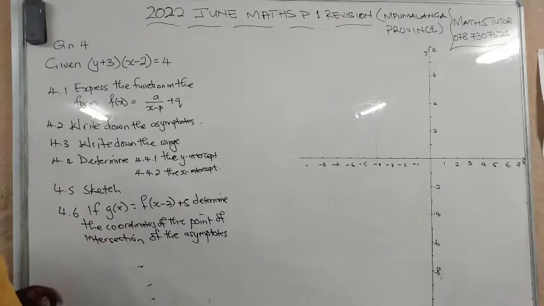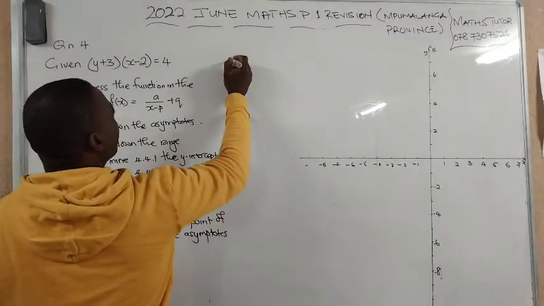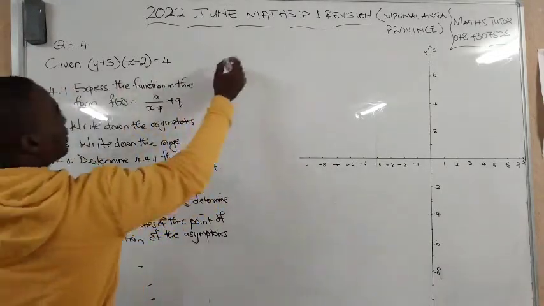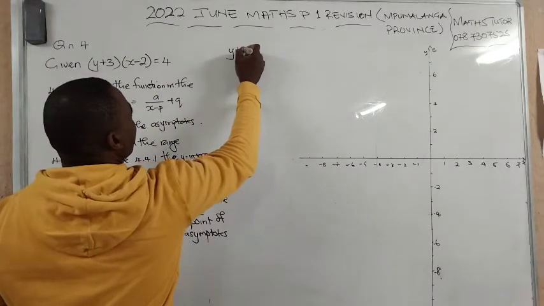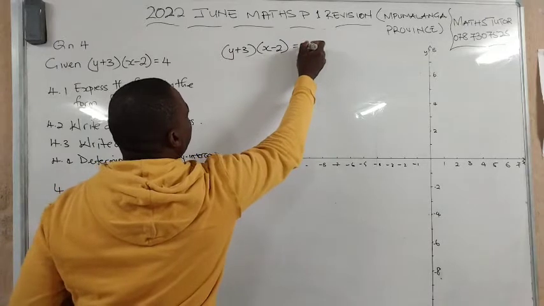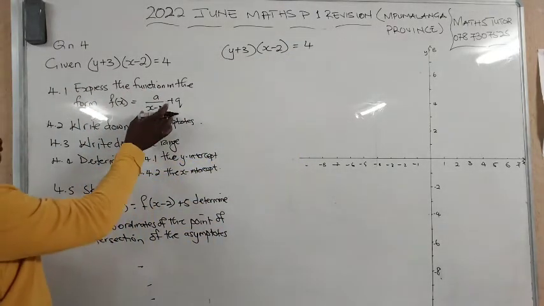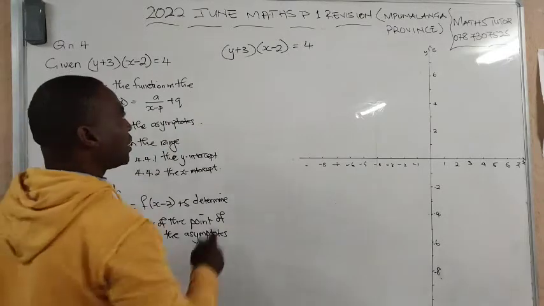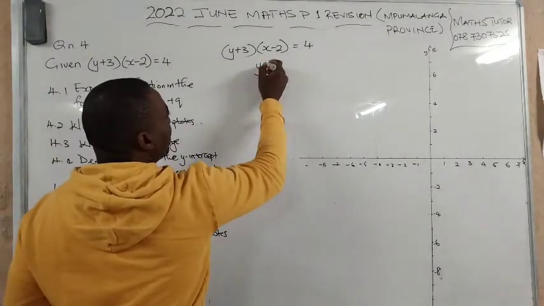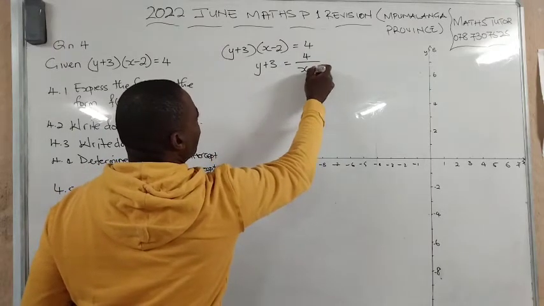So to write it in that way, we have to divide by the bracket x minus 2 on both sides, so that we put it in the position it's supposed to be. So it's y plus 3 is equal to 4 over x minus 2.